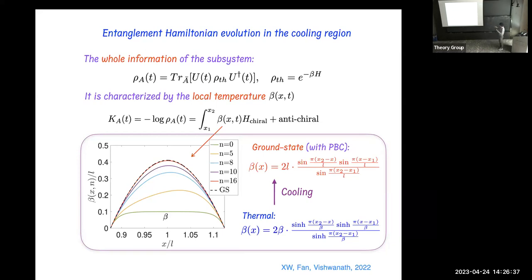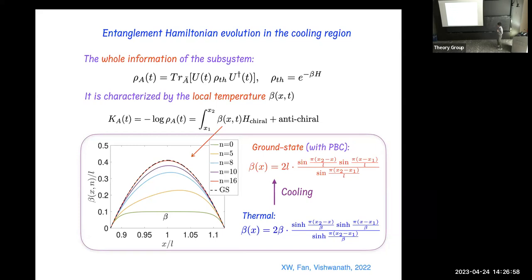In conformal field theory, a nice property is this: the entanglement Hamiltonian is simply a function of the local physical Hamiltonian density with some modification, which we call a local temperature.